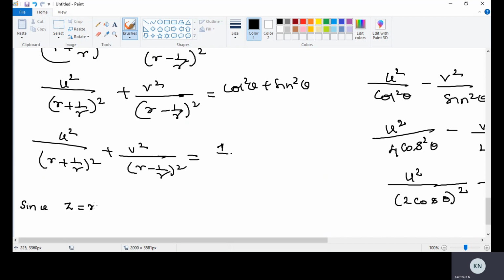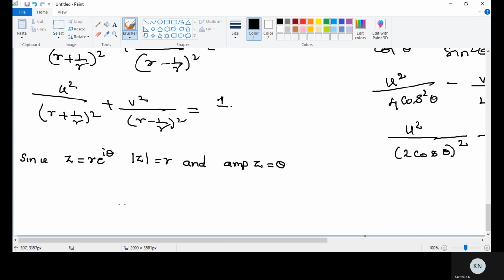Since z is equal to r into e to the power of i theta, modulus of z is equal to r and amplitude of z is equal to theta.